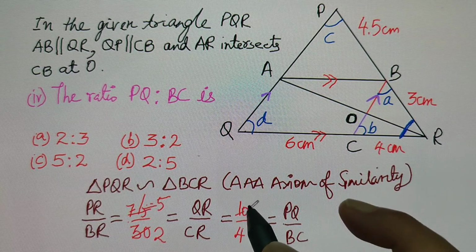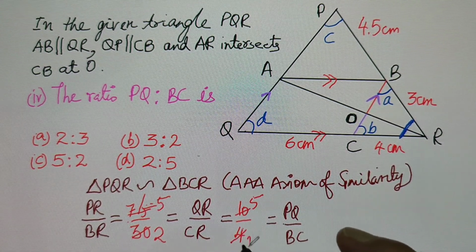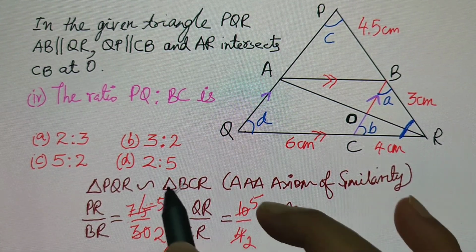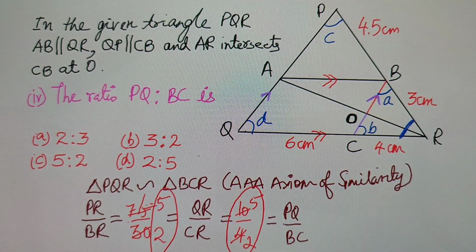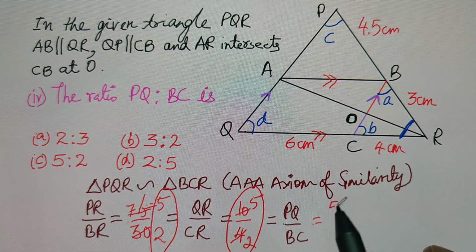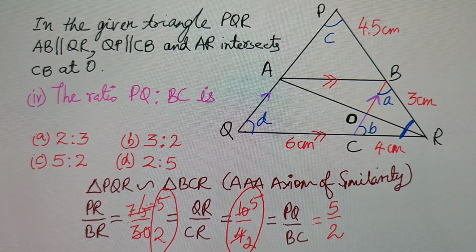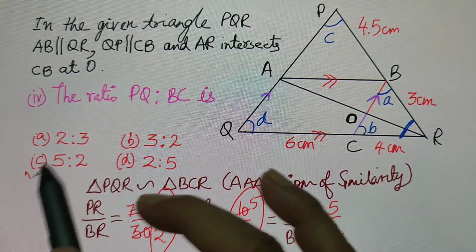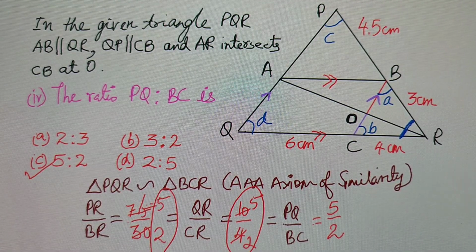So if we cancel this, you get 2 5s are 10, 2 2s are 4. Now we can see that the corresponding sides bear a similar ratio. So the ratio of PQ is to BC is also going to be 5 is to 2. So therefore option C is the right answer.